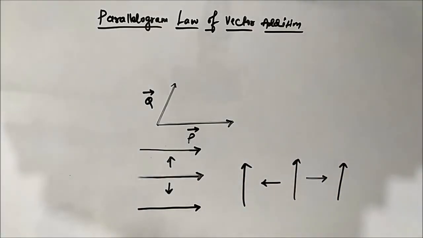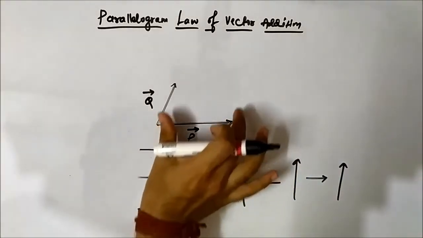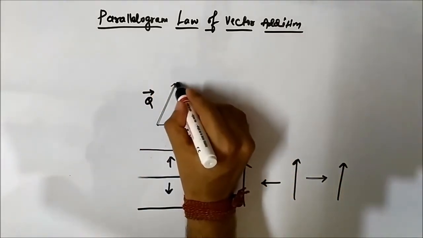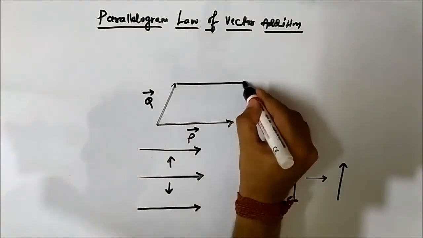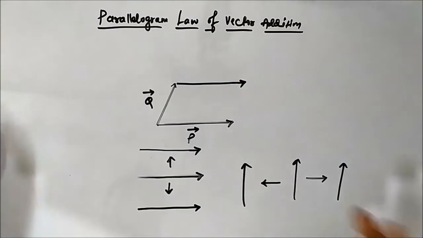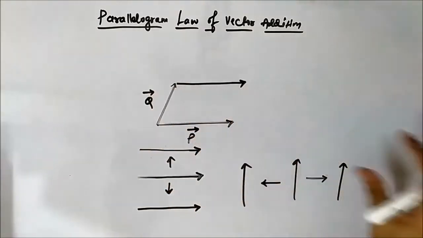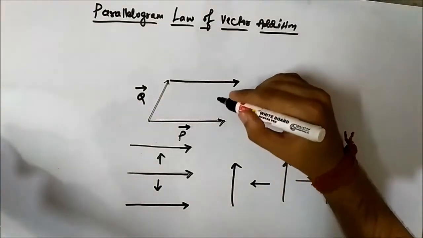So here, if we shift this vector P upwards, it will be like this. And if we shift this Q vector sidewise to the right, then it will be like this.